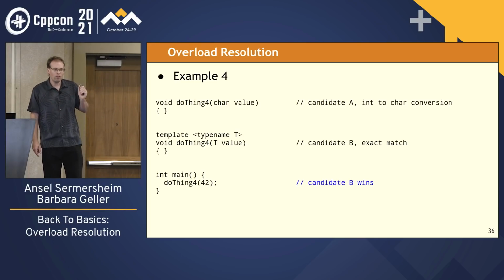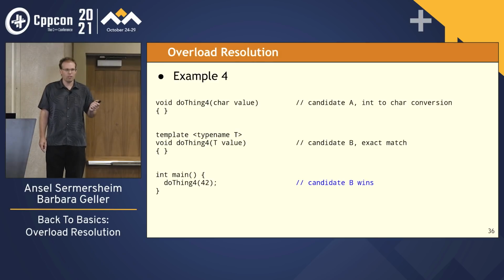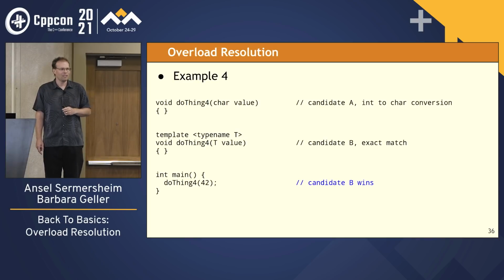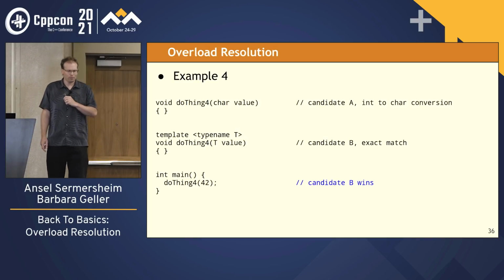This is a reason why you should avoid having functions and template functions in the same overload set as a general rule, because the templates can deduce to be an exact match a lot. And we'll have more examples of this.